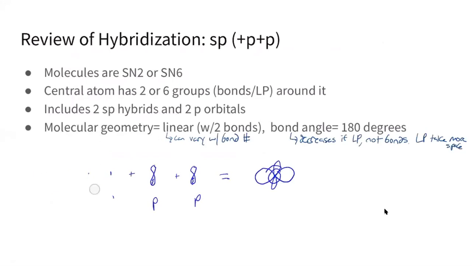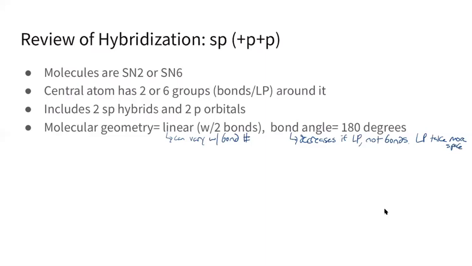So the first concept that we're going to talk about today is hybridization. You probably remember this from Gen Chem, but molecules that have a steric number of 2 or a steric number of 6, that is, the central atom has either 2 or 6 groups around it, have sp hybridization.